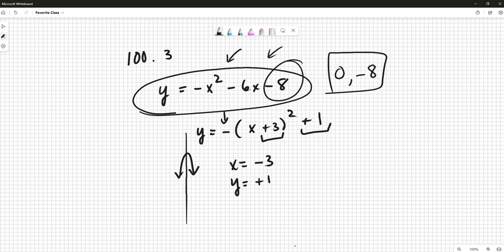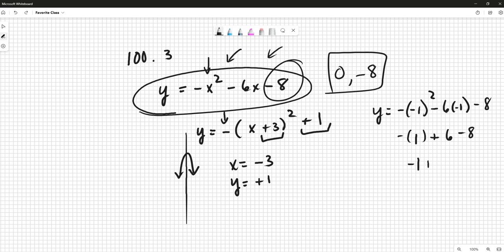So they picked another number to substitute in for x in order to find a y value so they could have a point. That's where they got that negative 1 from, they just picked a random point and put it into the problem. So this is going to be a positive 1, and then this is going to be plus 6 minus 8.